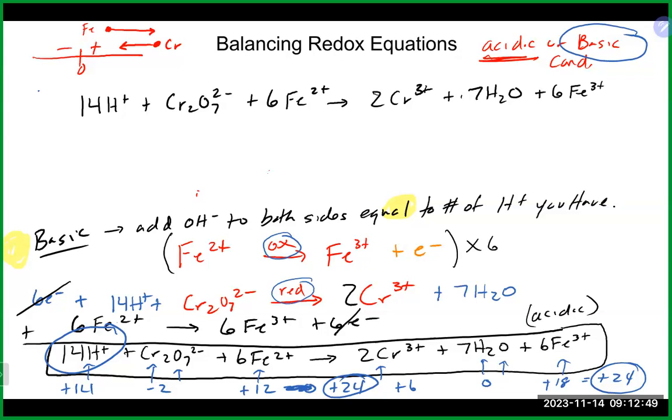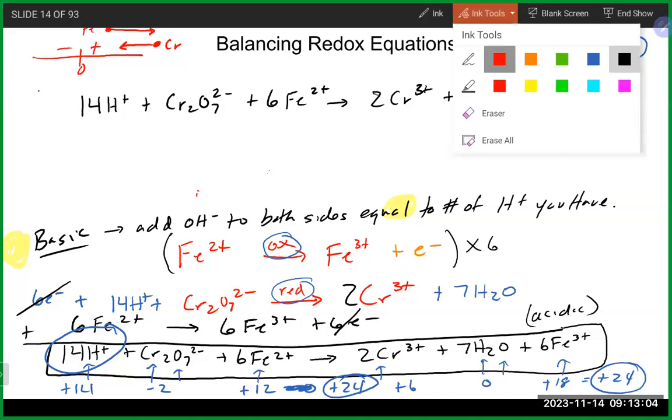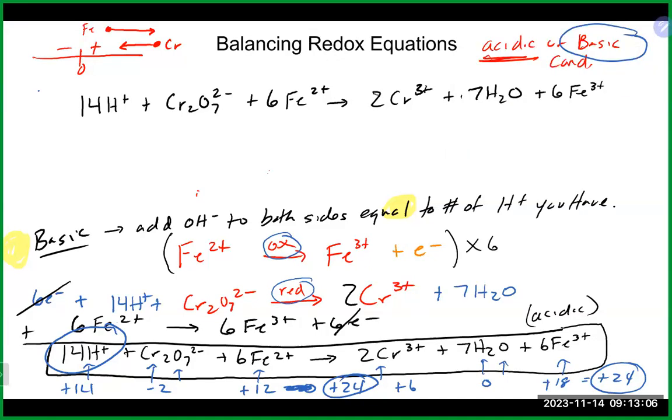So once again, you roll through the entire acidic process, you end up with your balanced acidic equation, and at this point you add OH minus to both sides, equal to the number of H pluses. In this particular example, we have 14 H pluses. So we would add 14 OH minuses to both sides, not just one side, but both sides.